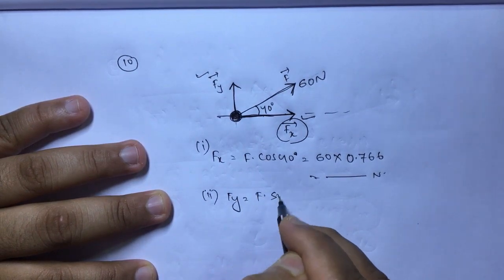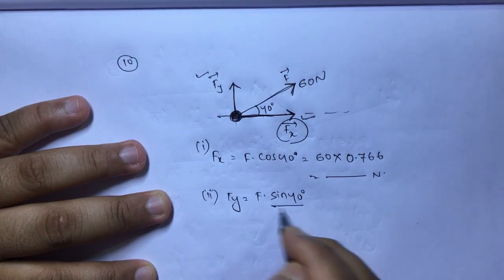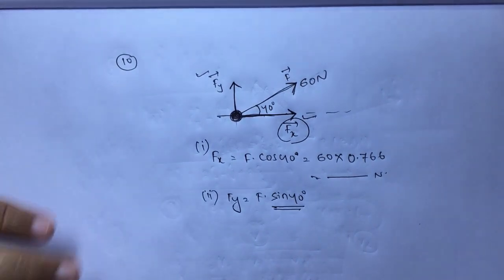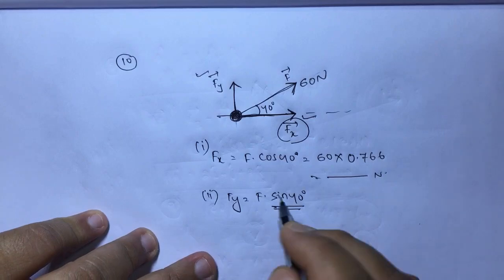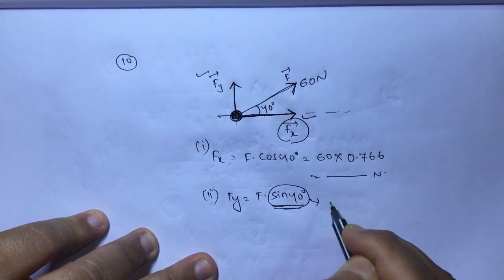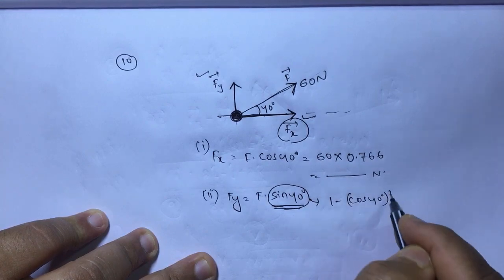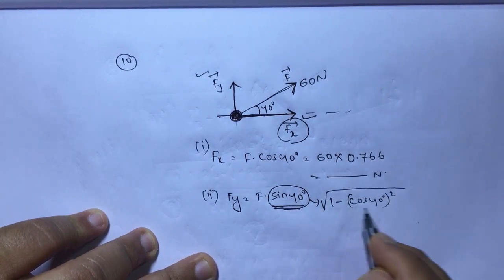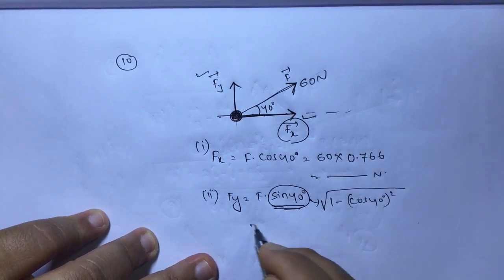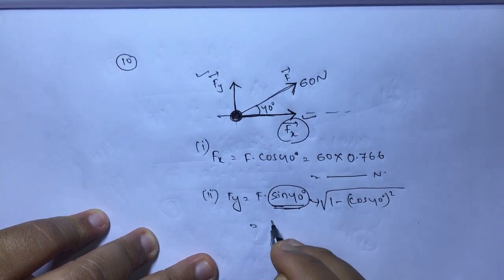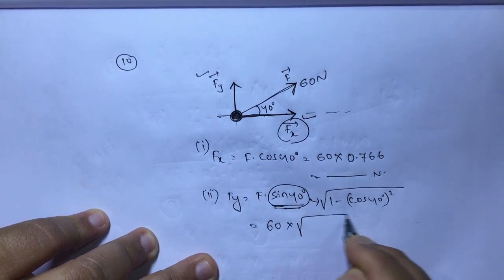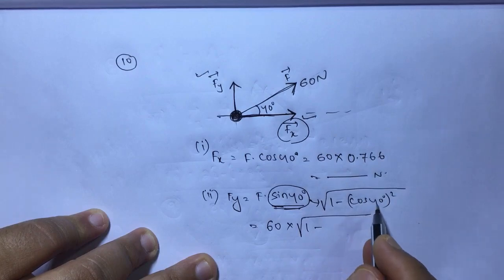It will be F into sin 40 degree, but the sin 40 value neither we know nor is it given. But you can write sin theta equal to the square root of 1 minus cos square theta. So now use it: F is 60 into root over of 1 minus cos square 40.